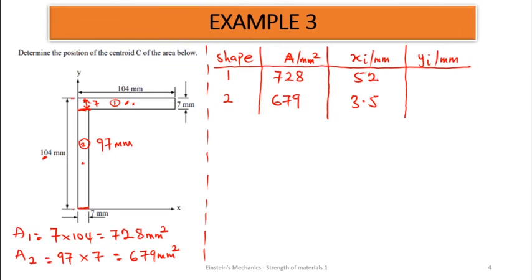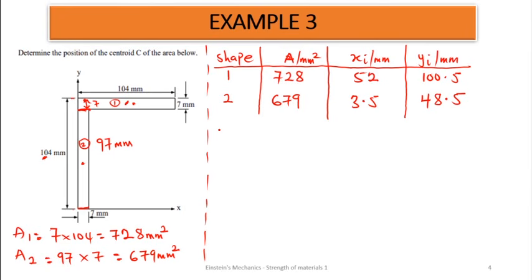And that is going to give you 100.5, right? The same way, if I'm to locate the y component of the figure 2, this is 97. To locate half of 97, that is 48.5. So once you fill your table, you are good to go.